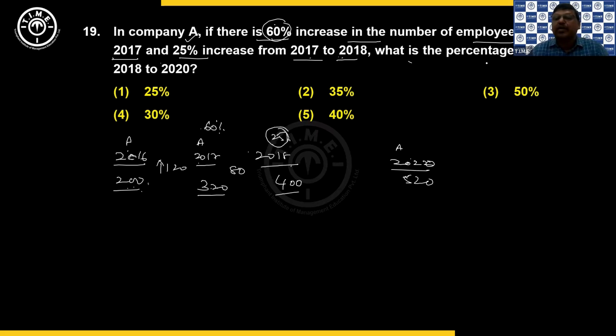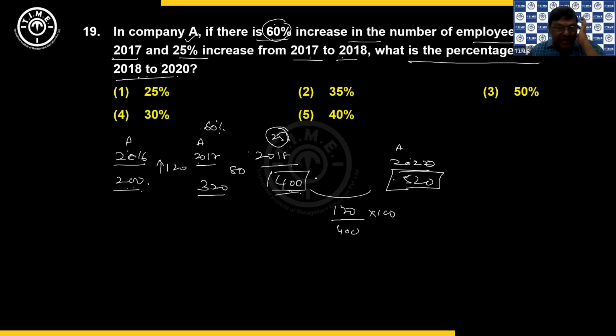Students, he is asking what is the percentage increase from 2018 to 2020. In 2018 I have 400, in 2020 I have 520. If you see, students, the growth is 120. But I want to know the percentage increase from 18 to 20, which means an increase of 120 from 400. 120 by 400, how do you get the percentage increase? The net increase by the base 400 into 100.